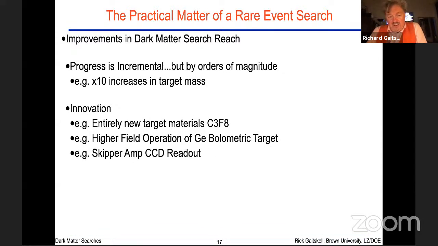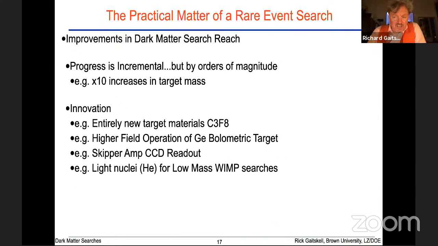And then, of course, we've seen, for instance, skipper-amp CCD technology, where you're able to co-add, or continually add, the charge measurements by a specific style of skipper readout, which has led to an extreme reduction in the effective readout noise, so that we can now see single 1, 2, 3 electron signals in these devices, and you'll see there the implications for dark matter searches.